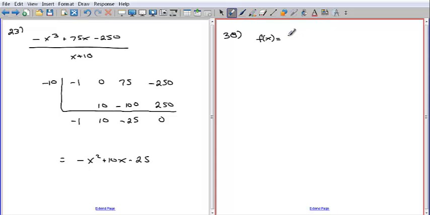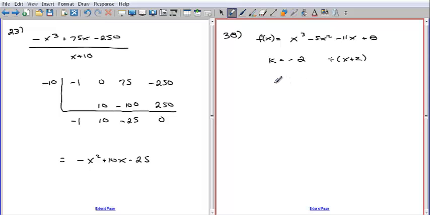So we're doing 38, which is x cubed minus 5x squared minus 11x plus 8. So it's saying that k is equal to negative 2. So what does that mean? Well, what it means is we're dividing by x plus 2. So k is the negative of this.